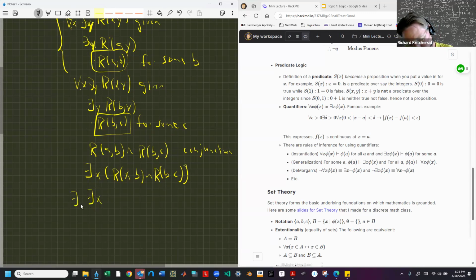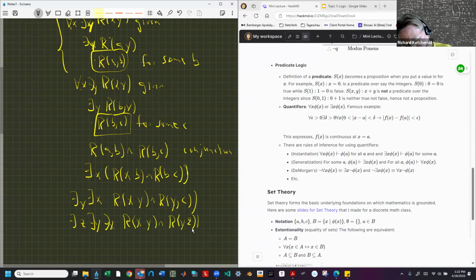There exists a y, right? Such that R of x, y, and R of y, c, right? And so I can do it one more time and get there exists a z, there exists a y, there exists an x, right? Such that R of x, y, and R of y, z, right? And I think if that's not what I wanted to prove, that's what I meant to say I wanted to prove. So we get the thing that we were after.